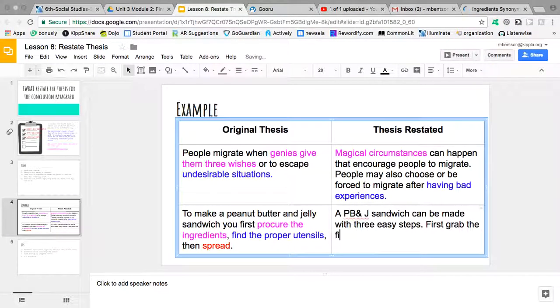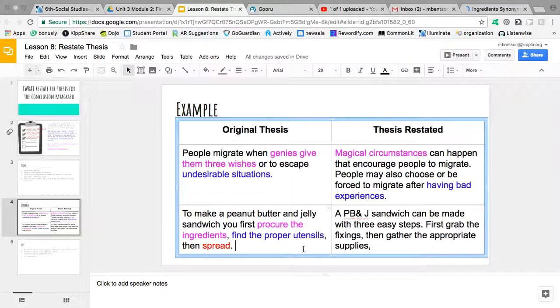So grab the fixings, comma, then, okay, now I'm moving on to find the proper utensils. Well, I know off the top of my head another word for find. It means gather. Then gather the proper or appropriate, same thing as proper, utensils. Utensils are like spoons, knife. I'll say supplies, because utensils and supplies are the same.